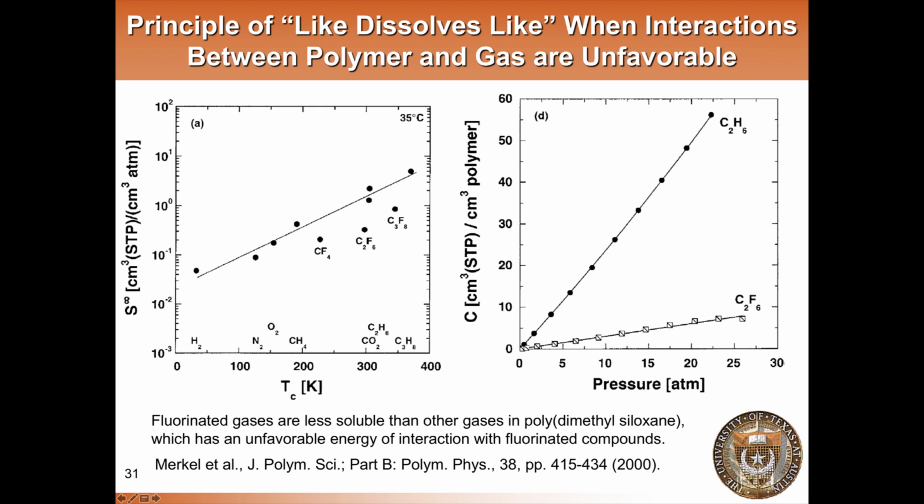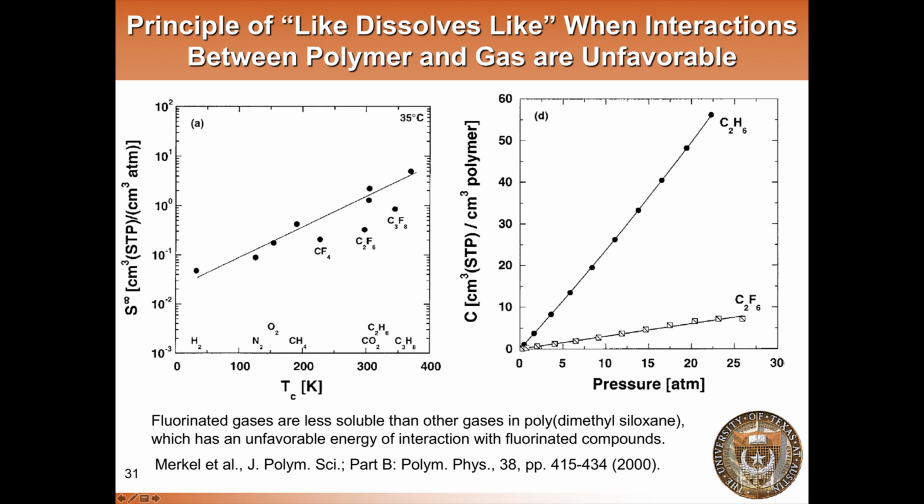And so this is an indication that there are factors that do not support the mixing of these fluorinated compounds with hydrocarbon-based polymers. And the origin of this at a molecular level has never been completely explained and is still an open question in the literature, but it is a fact.